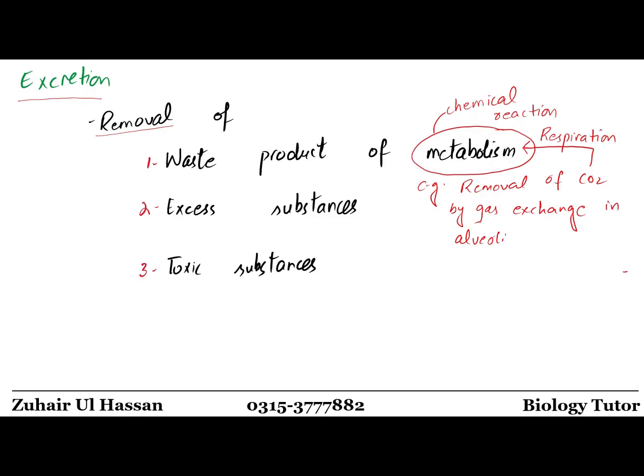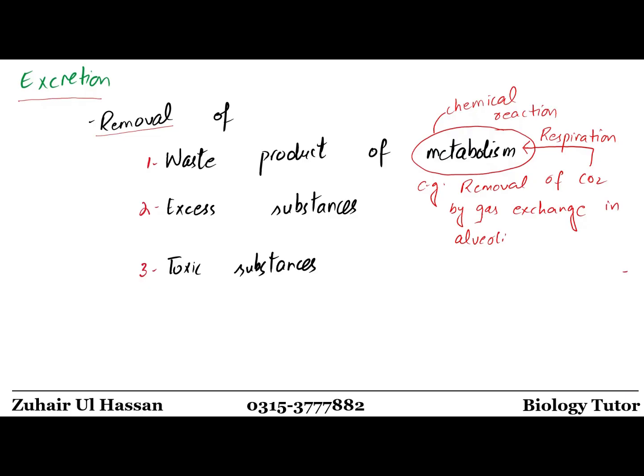Not all types of respiration produce carbon dioxide, but carbon dioxide is produced by one type of respiration, and that carbon dioxide is a waste product. So removal of that carbon dioxide is excretion, because it is a waste product of metabolism, a waste product of a chemical reaction.